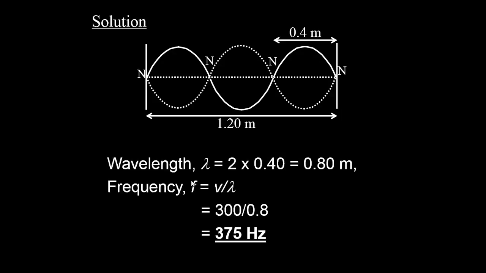From here I can deduce that lambda is 0.8 meter, and therefore to find the frequency given the speed, I use v = f lambda. Frequency will be 375 Hertz. This is not the lowest, because the lowest, if you recall just now, is 1 loop. This is 3 loops, so this will be the third lowest.